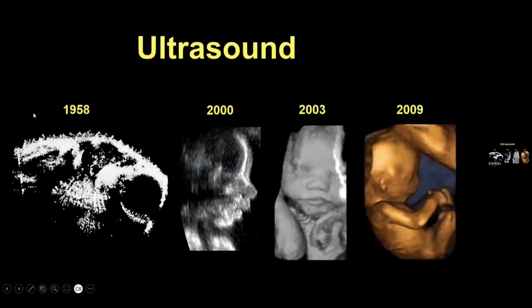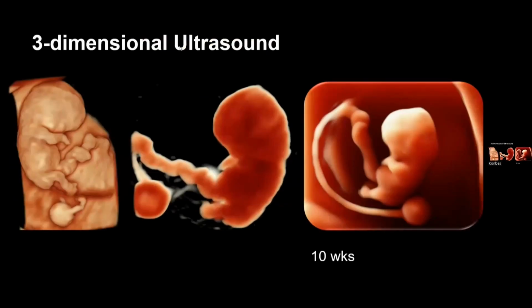This development was started by Ian Donald, published in the Lancet in 1948, and it continued over the years. So we have a very high increase in resolution, not only in 2D but also for 3D examination. These are the newest images that we can make with ultrasound: fetuses or embryos of around 9 to 10 weeks. It shows nice images, but it also gives us new information for our routine clinical questions.